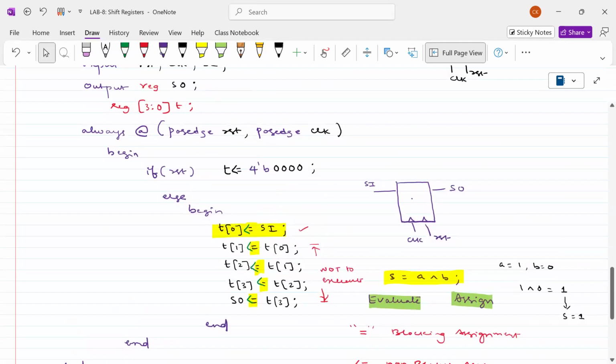This is one way of writing the behavioral model. Is there any other way to write the behavioral model effectively? A very single line of code is what I want to write. I don't want to use this kind of thing, but what can I do?